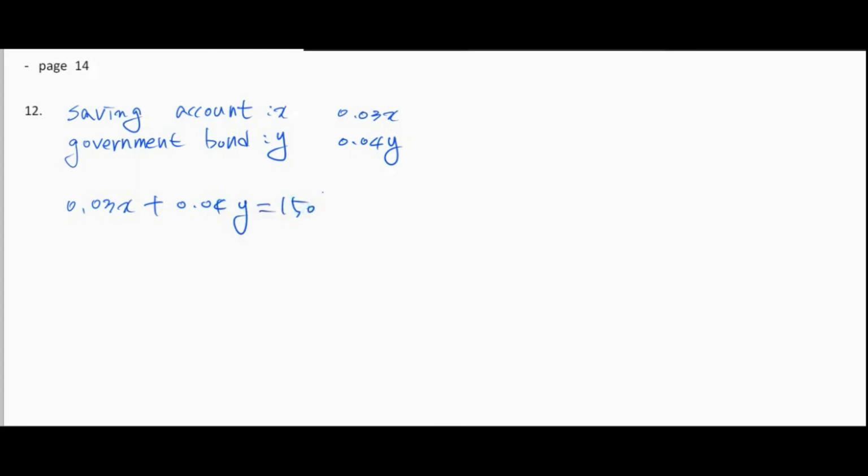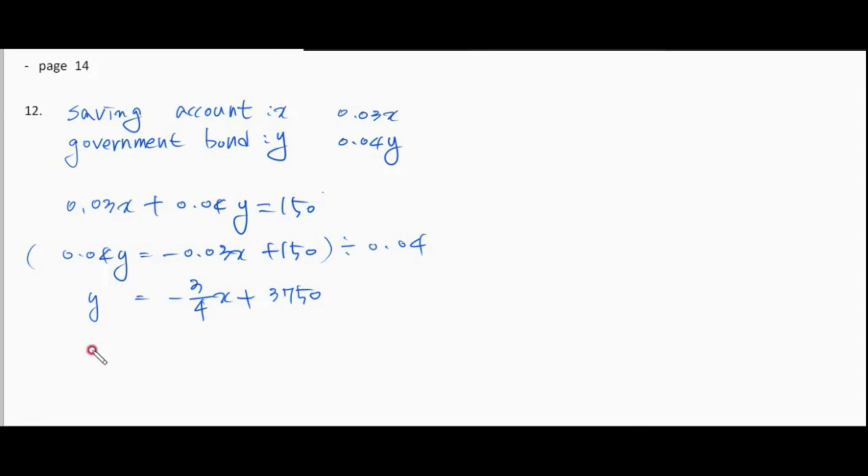Then the x will go over: 0.04y equals minus 0.03x plus 150. And we'll divide both sides by 0.04, and it will be y equals minus 3 over 4 x plus 3,750.